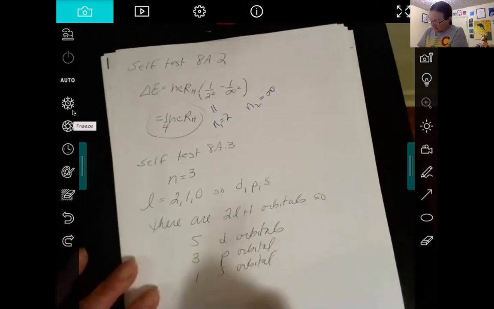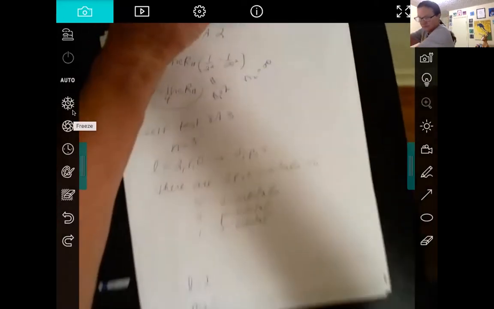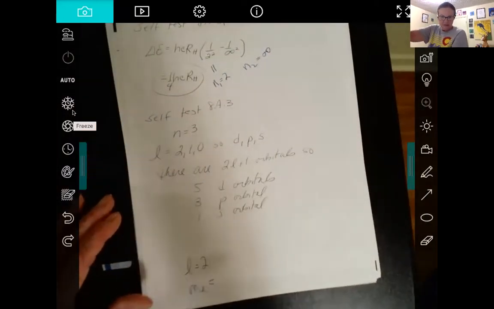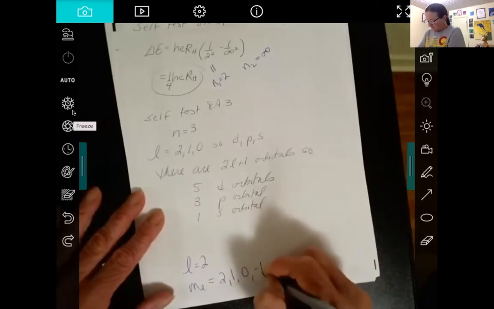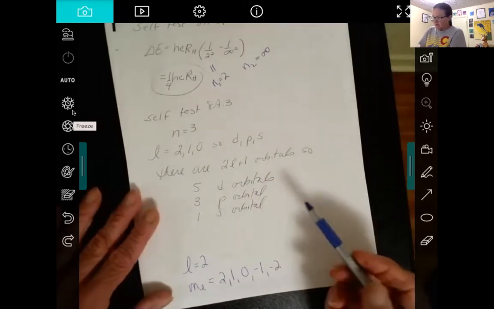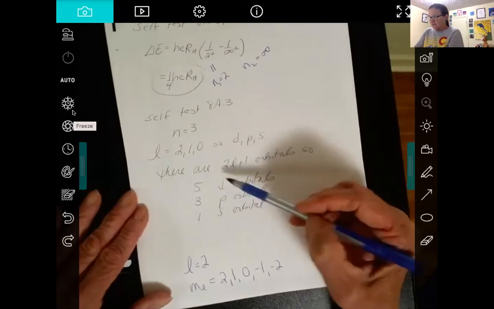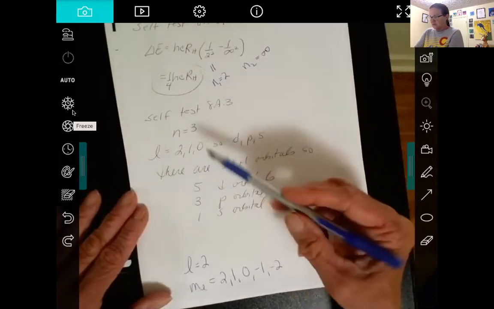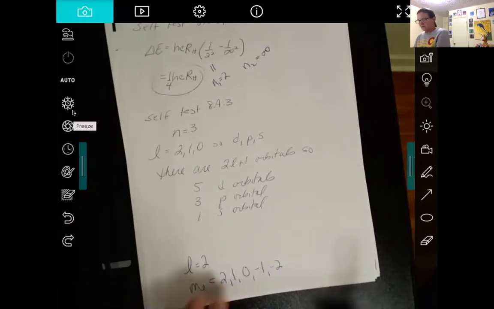So for example, if L equals 2, m sub L can be 2, 1, 0, minus 1, and minus 2. So 2 times L for the pluses and minuses, and then plus 1 for the 0. So we will have 5 d orbitals. So 5 orbitals where L equals 2, 3 where L equals 1, and 1 where L equals 0.